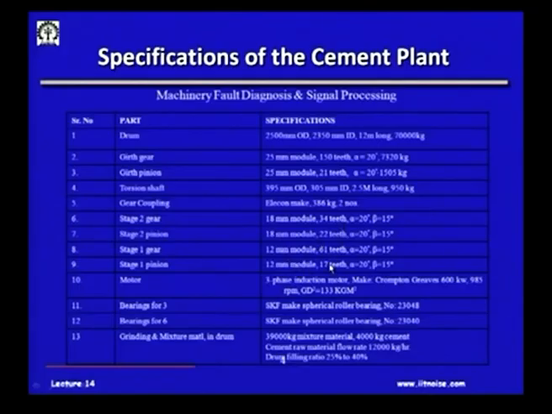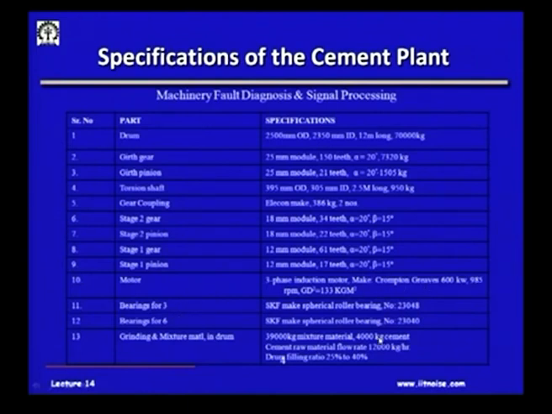If you can read that, 17 teeth in the gear stage 1 pinion, 61 teeth in the stage 1 gear, 22 in the stage 2 pinion, 34 teeth in the stage 2 gear, and then you can work it out. The motor is a 3-phase induction motor with 600 kilowatt, and it runs at 985 RPM.